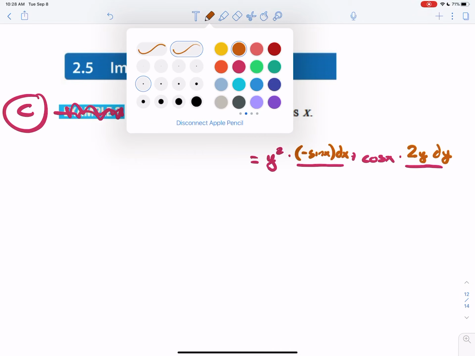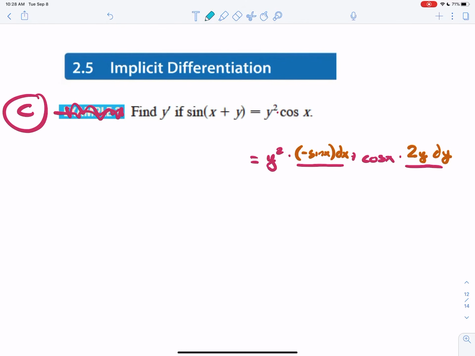Now, how do you take the differential on the left-hand side here? Think about what you would use. Notice how there is a function inside of a sine function. We call that a composition. How do you take the derivative of a composition, a function inside of another function?